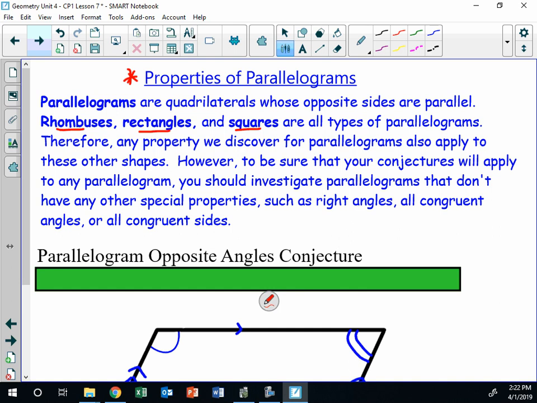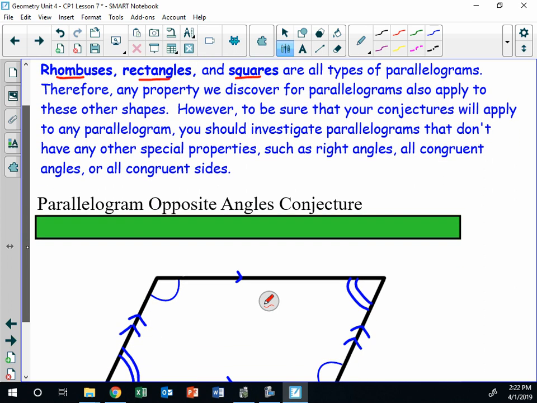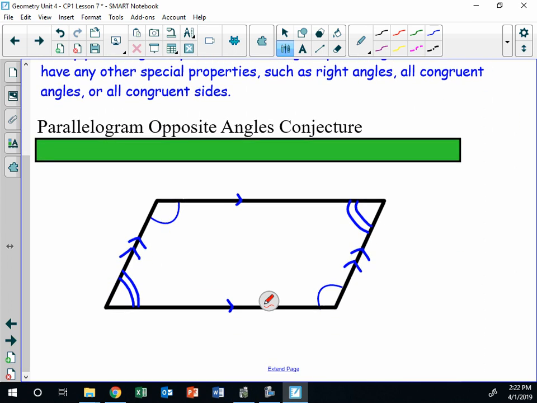They might have some specific properties within their shape, but anything that we discover as we work through today is going to work for all of these shapes, not just parallelograms. So when we're looking at our shapes, we want to make sure that there are no special properties as far as all four side lengths being equal or dealing with right angles, but we can see how those properties would work as we go through this lesson.